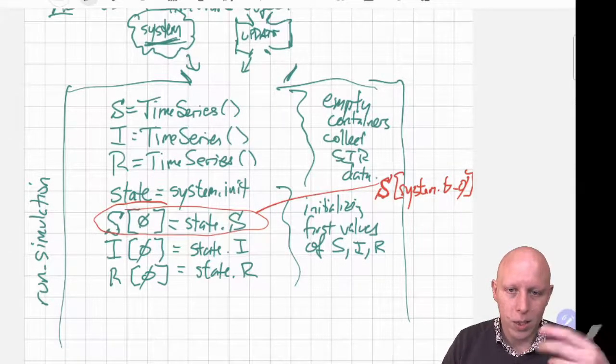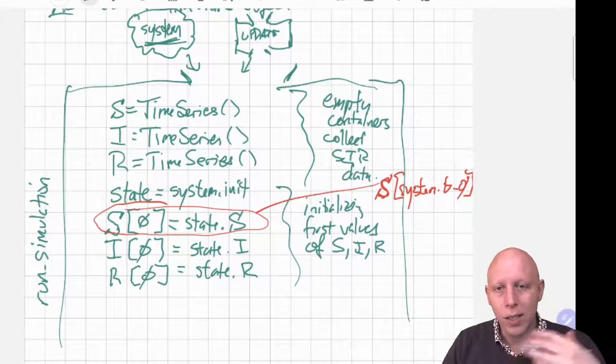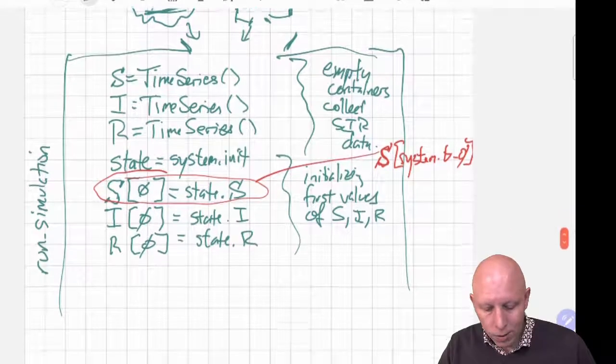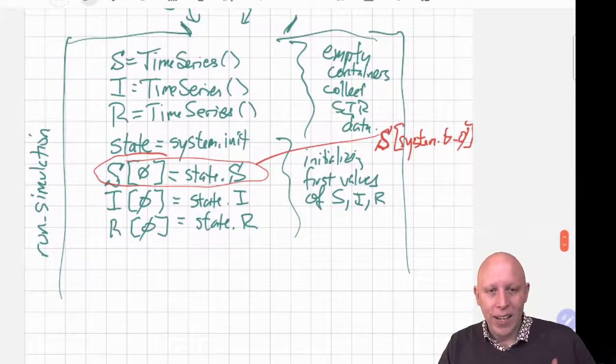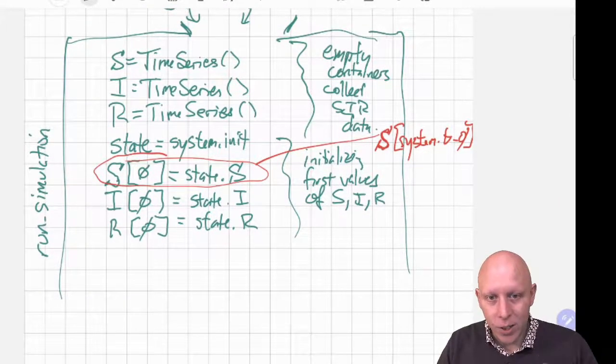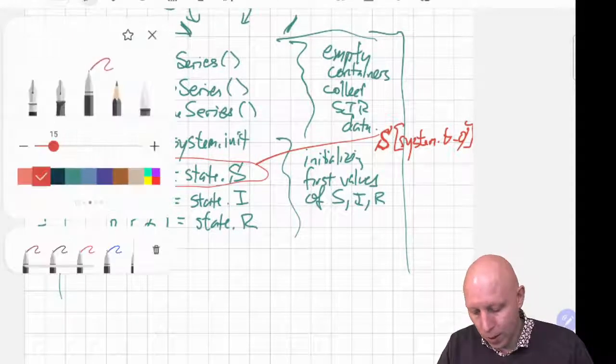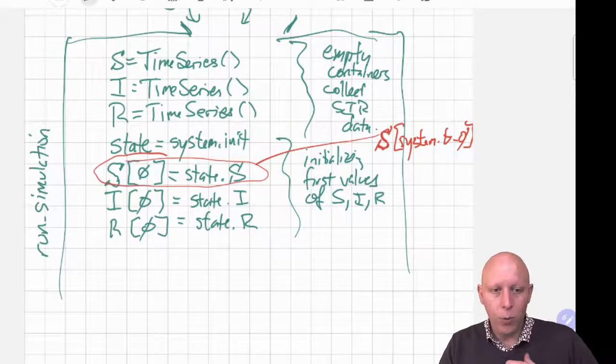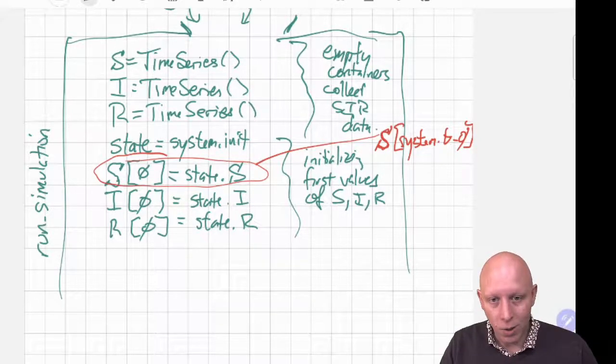So you'll need to adapt this in case your time doesn't start at time 0, for instance, if you're working with real-world data and your time starts in 1990 or 2000.